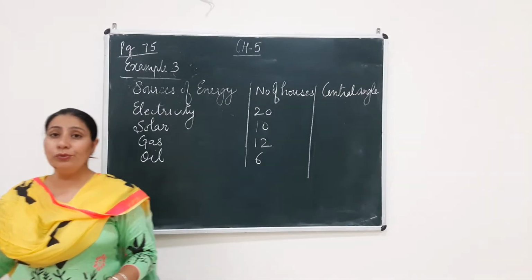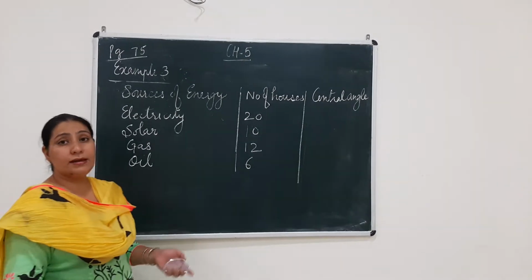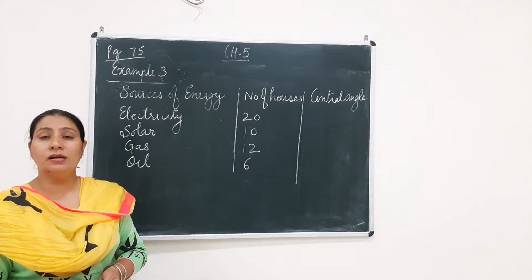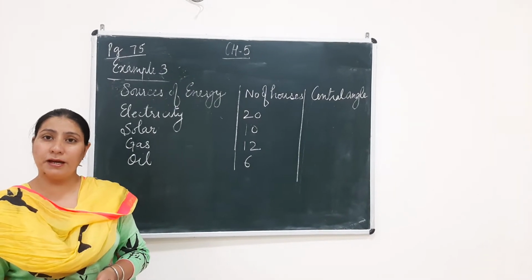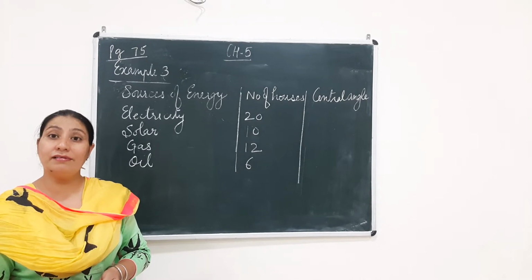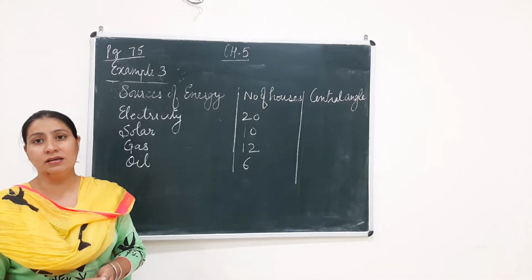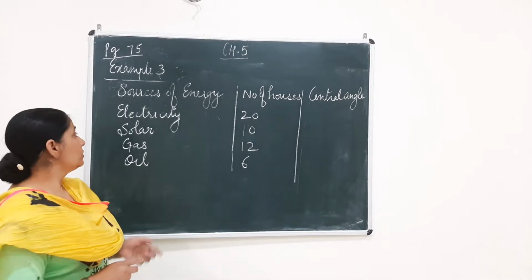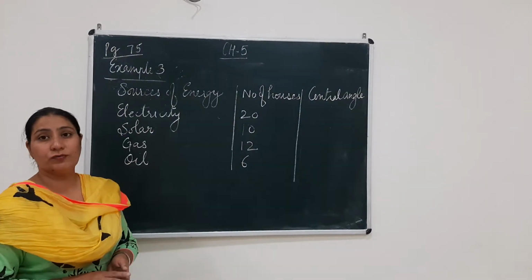Now as I told you, whenever you are making a pie chart, you need what? Angle. Because the data represented in a pie chart is represented only when we know the central angle, the angle which is formed at the center of the circle by that particular information. Now for example, we have first of all electricity.